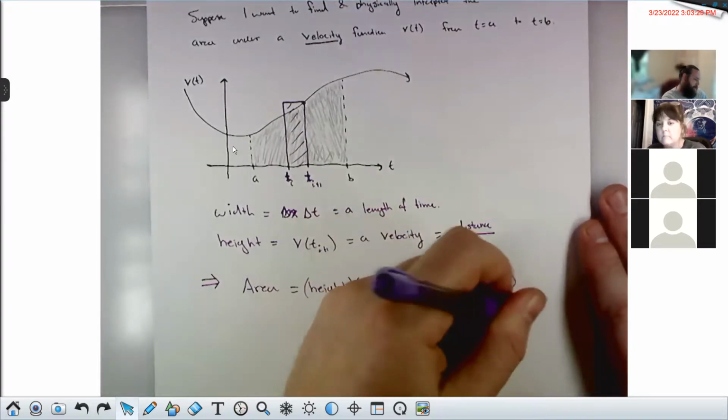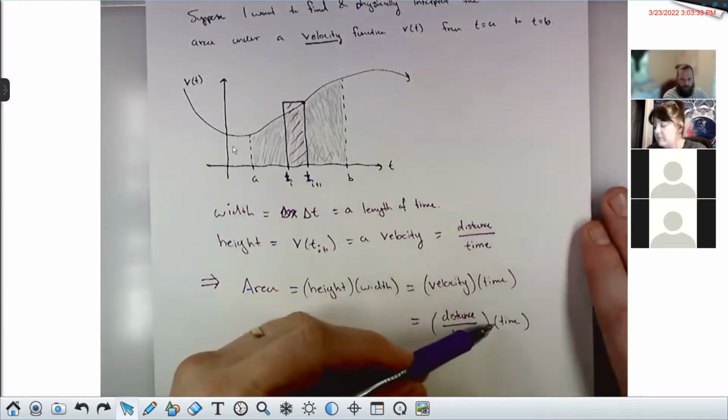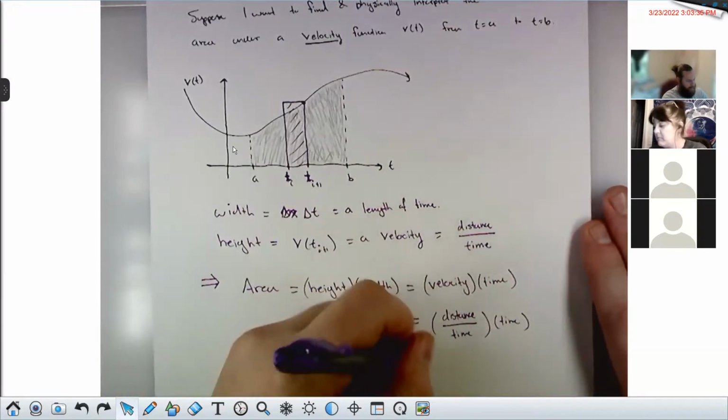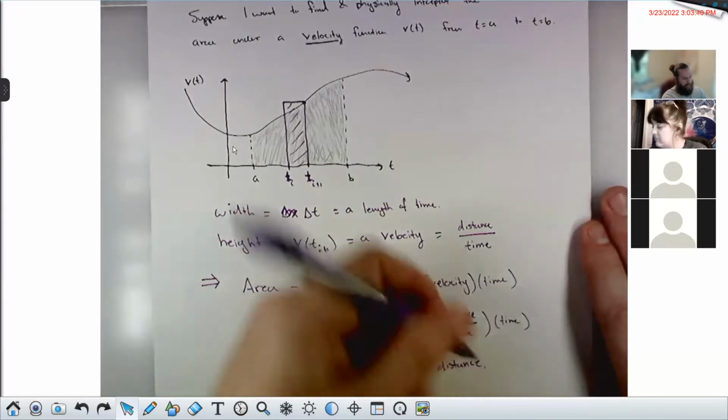So if you multiply something that measures distance over time by something that measures time, what you get out is a distance.